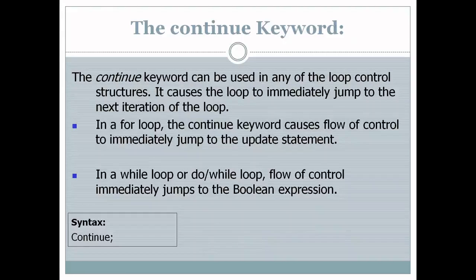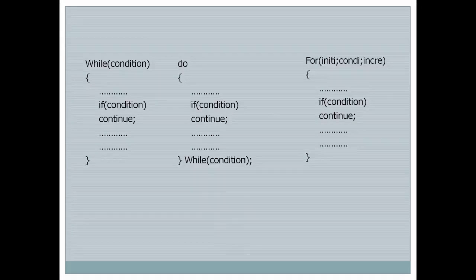So let us look at how the continue statement can be used with different kinds of loops. In the first example, the continue statement has been used with the while loop, in the second with do while, and in the third with the for loop.